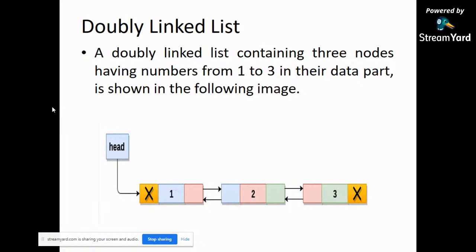Once we have reached the last node, we can traverse in the reverse direction also. We can access data as 3, 2, 1 because we have pointers for previous nodes as well. But the main point is that the previous part of the first node and the next part of the last node will always contain null. This is very important.